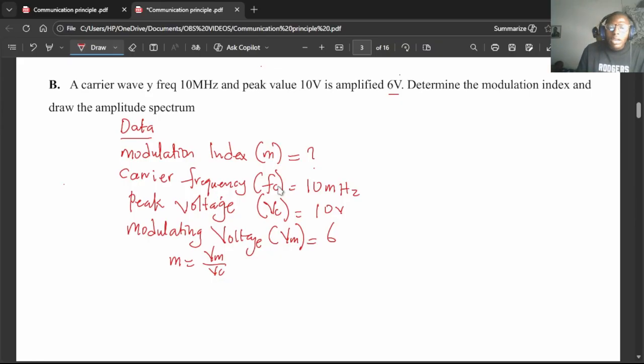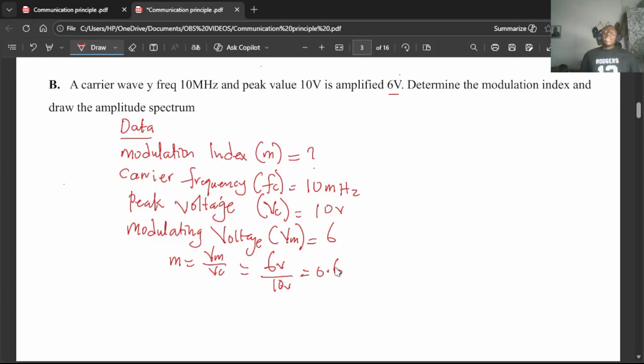And this will be equal to, what is your VM? Your VM here is 6 volts. And what is your VC? Your VC is actually 10 volts, right? Now, 6 volts divided by 10 volts will actually give you 0.6. And 0.6 is your modulation index. So you've calculated your modulation index.